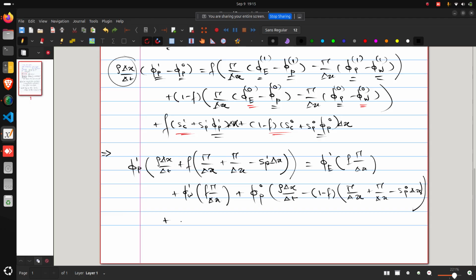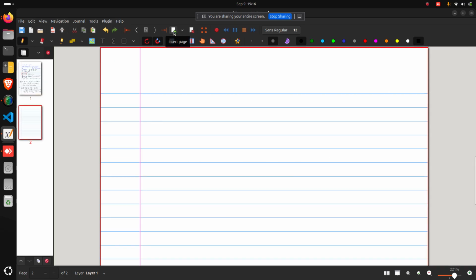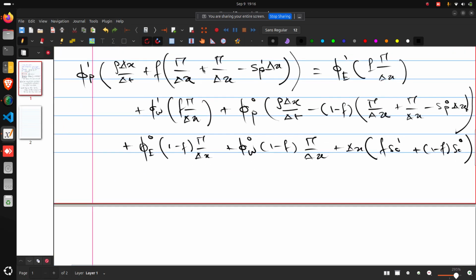So plus phi east naught times (1 minus f) gamma by delta x, plus phi west naught times (1 minus f) gamma by delta x. These two are done, and we are left with this one only. So it will be delta x times (f Sc1 plus (1 minus f) Sc naught). So we have all our terms ready.